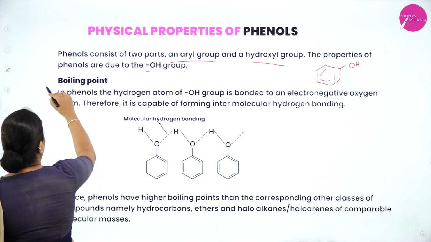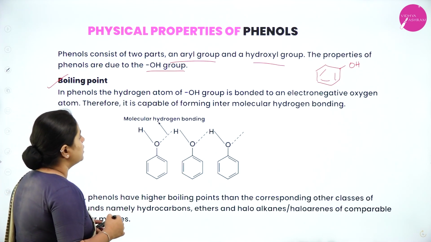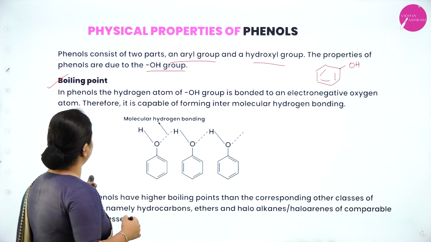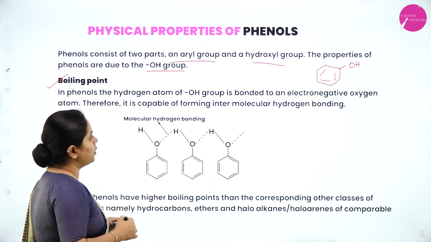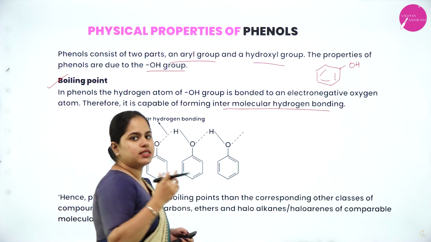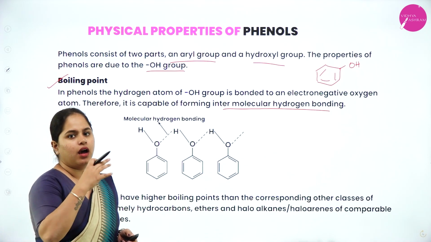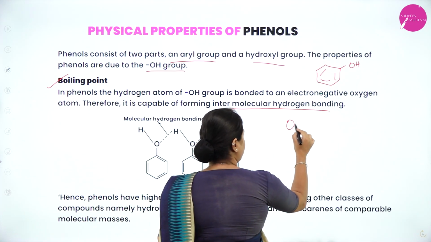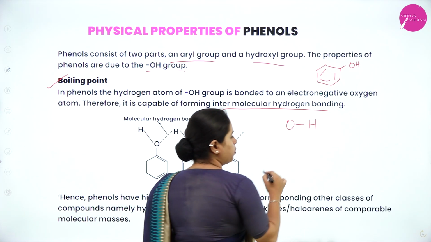So the first one is boiling point. In phenols, the hydrogen atom of the OH group is bonded to an electronegative oxygen atom. Therefore, it is capable of forming intermolecular hydrogen bonding. Likewise, we have studied already in alcohols, because the OH bond in alcohols as well as phenol is a polar bond.